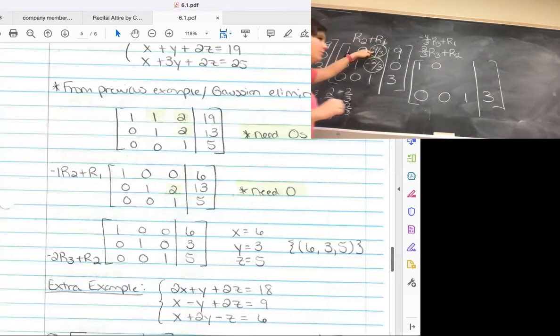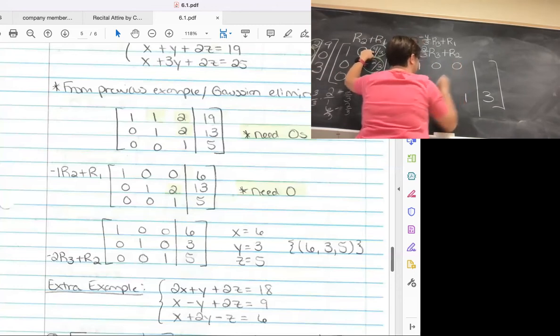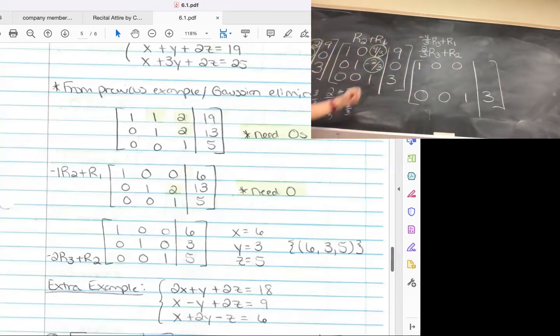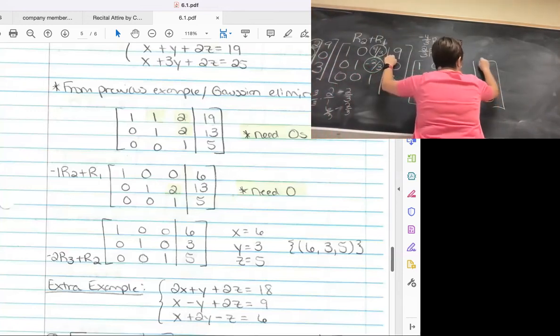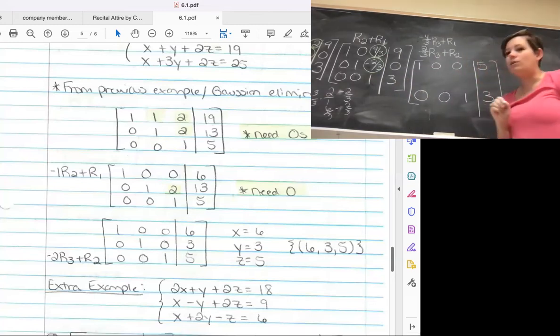We add that to +4/3, we get 0. So see, the math is pretty nice. -4/3 times 3 will give me a -4. I add that to 9, and I get 5. So even when you're dealing with fractions, it's not necessarily going to give you really yucky answers. And right there, we've finished row 1.